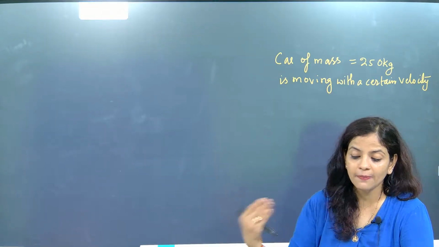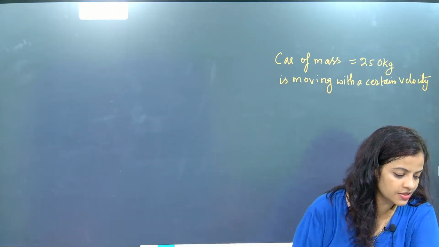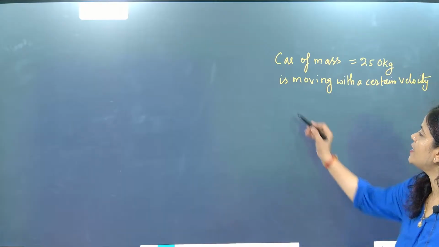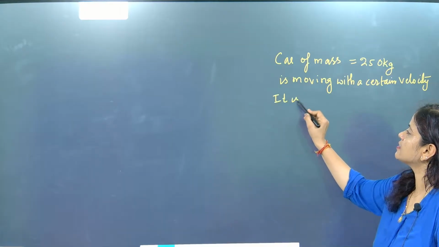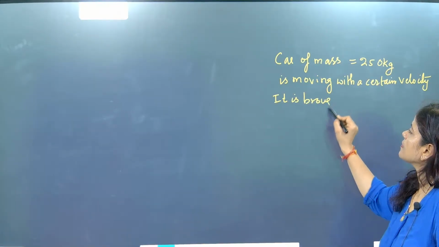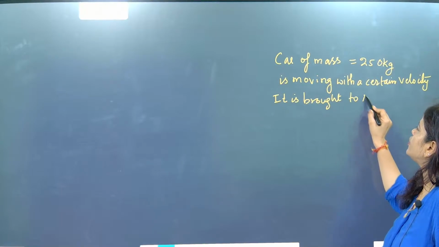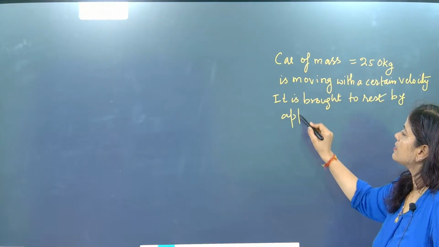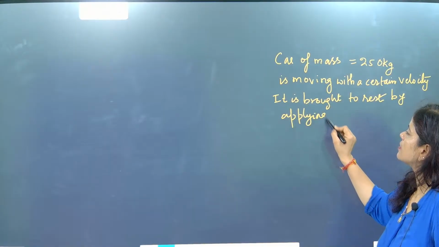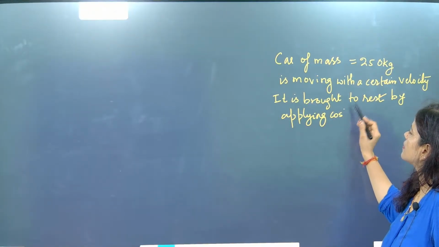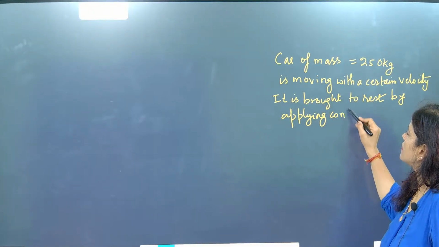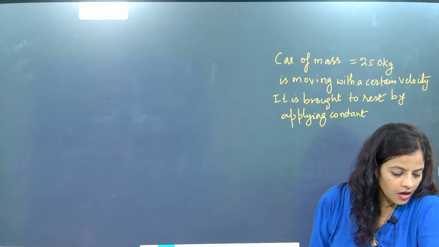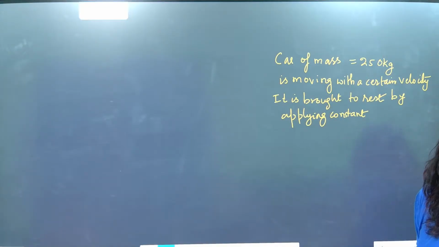How? By applying continuous brakes. So within a distance of, but beta, how much are we going to apply? So it is brought to rest by applying constant brakes.